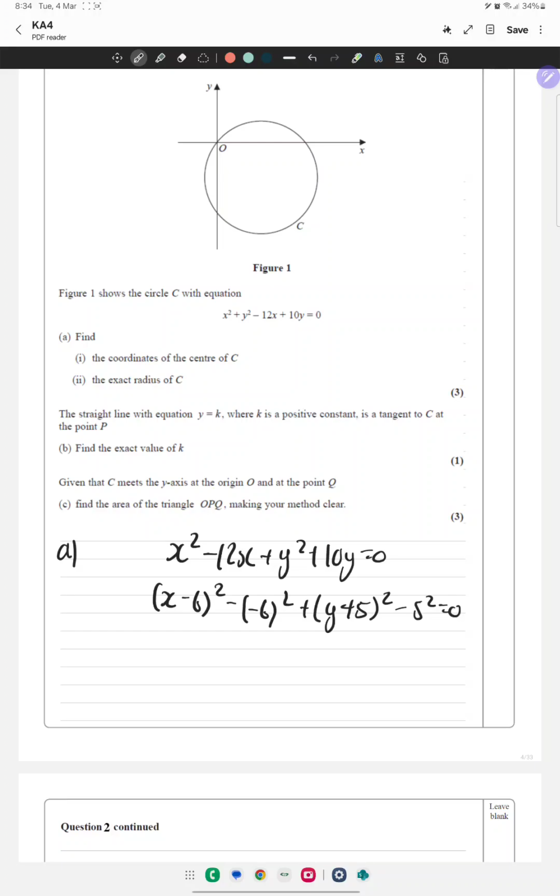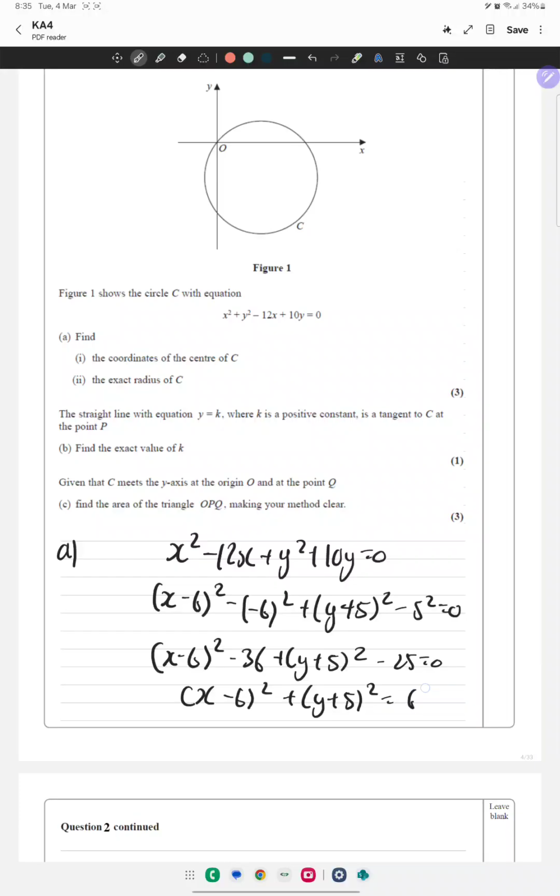Remember not to change those signs. Work out those numbers. And then move everything over. 61.